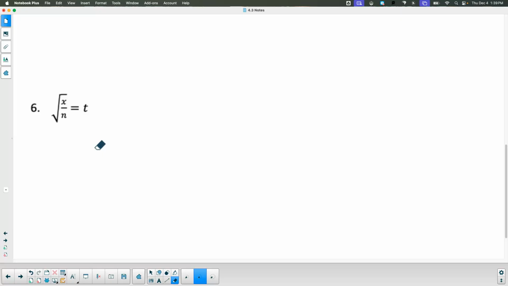It's my second favorite S word. We get guys? Square it, right? We're going to square both sides. Yep. Okay. So we're going to square both sides because a square is the opposite of a square root. So that means the square root goes away.